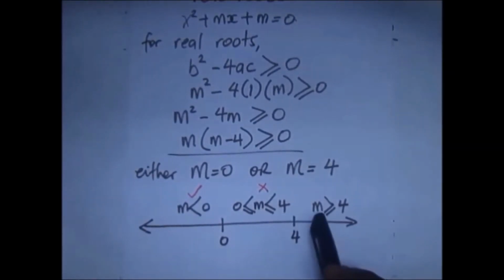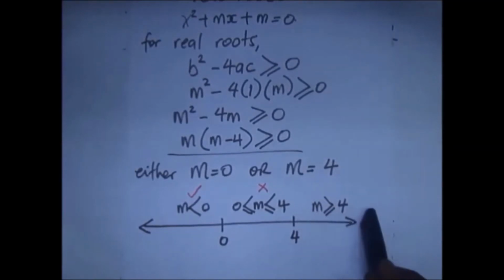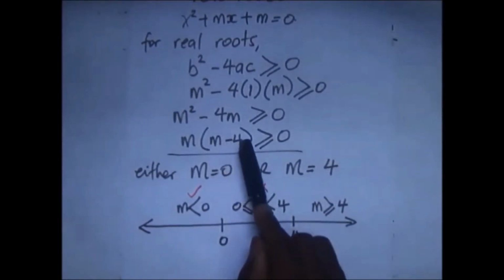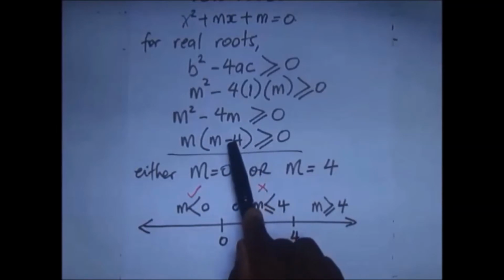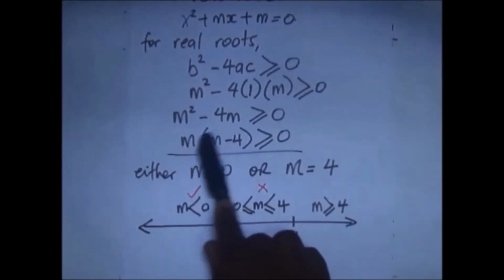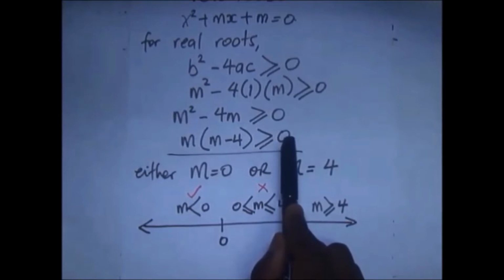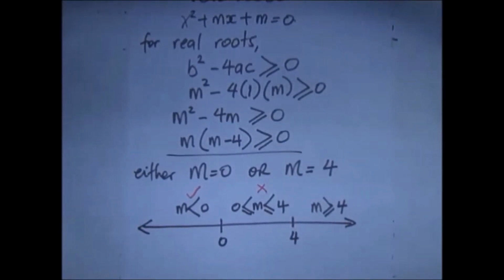We go to this. m is greater than or equal to 4. Let's choose 5. 5 minus 4 is 1. 1 times 5 is 5. Is 5 greater than or equal to 0? Yes. So it means that this range is also going to support that inequality.